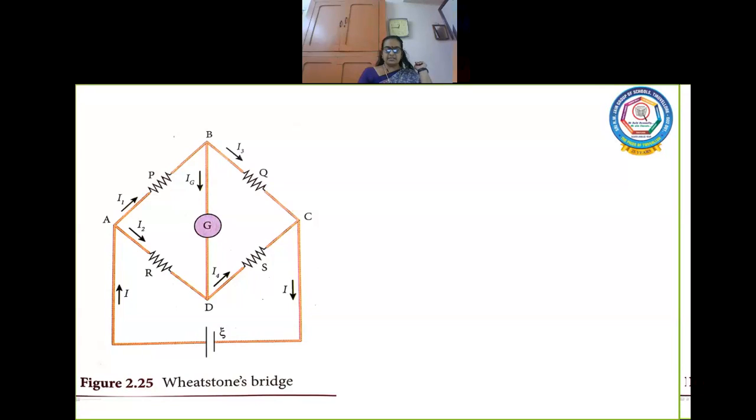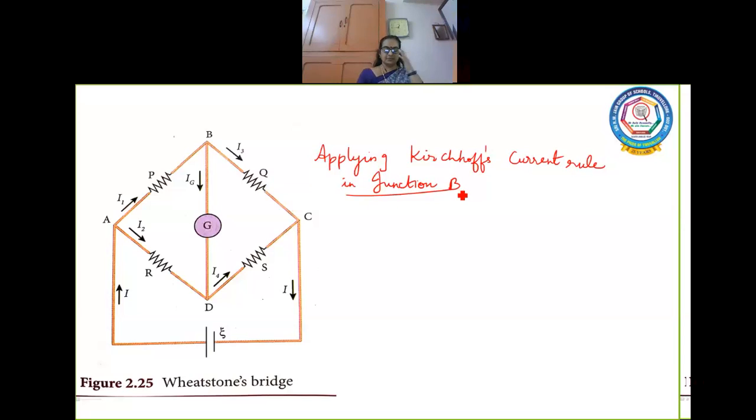Now I am going to apply Kirchhoff's current rule to the junction B. Look at this junction B. The current entering the junction is I1, so it is plus I1.